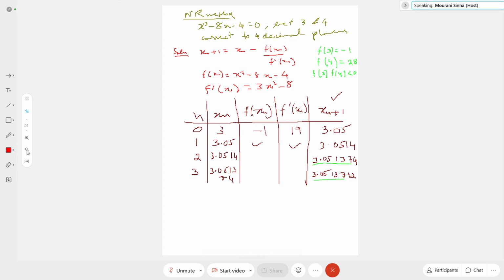So I got the same. So finally my answer is 3.0514. So in 2 consecutive steps, I got the same xn plus 1 and so I stopped. I got 3.05137, and rounding off to 4 decimal places, my final answer is 3.0514.